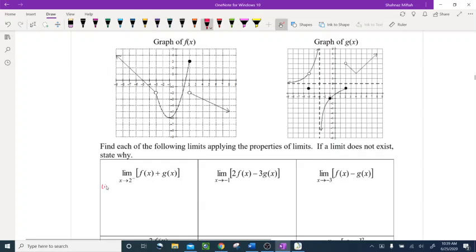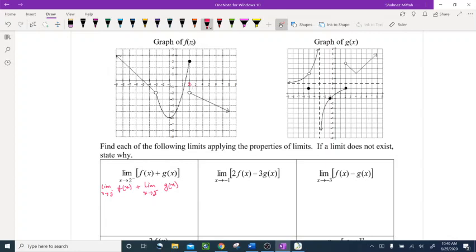I have limit x approaches 2 from the left of f of x plus limit x approaches 2 from the left of g of x, right? So find the limit x approaches 2 of f of x first. So this is my 2, and this is the f of x function.